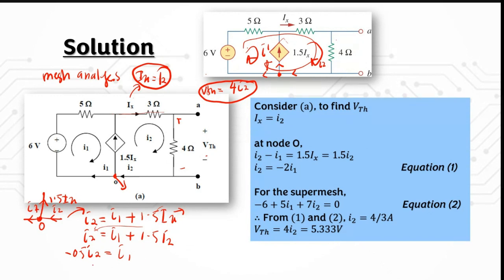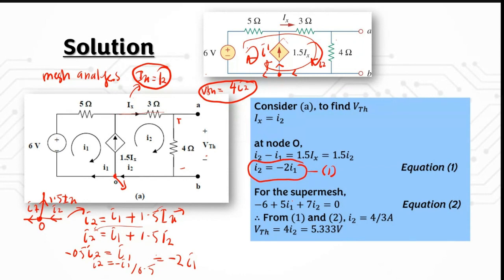Okay, so then you can have your I2 is equal to I1 over negative 0.5, where you can find that 1 over 0.5 is 2, so negative 2 I1. So that's why you will have this equation as your equation 1.